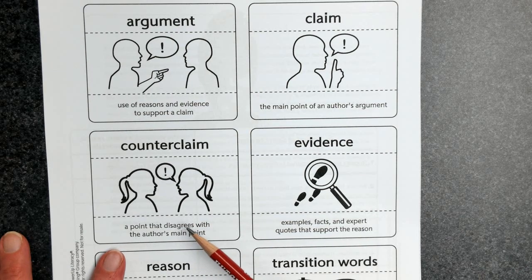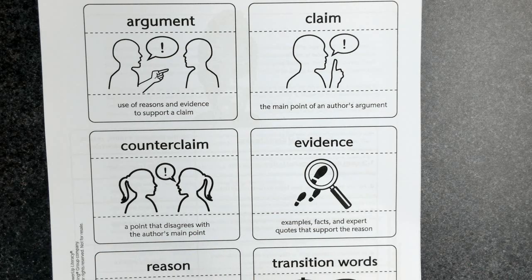And so what a counterclaim does is, if an author uses a counterclaim, maybe at the end of all of her arguments, she'll say, now I know that there are people that believe such and such, okay? But this is why it's not true, or why I don't believe it. That's a counterclaim.